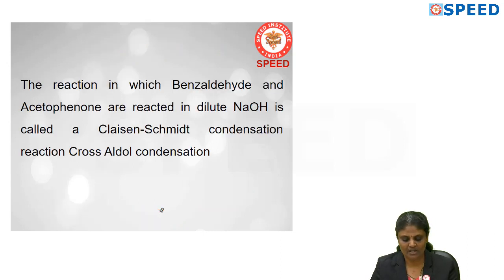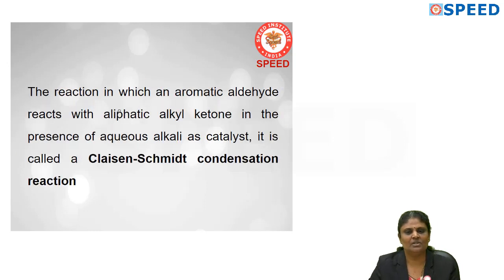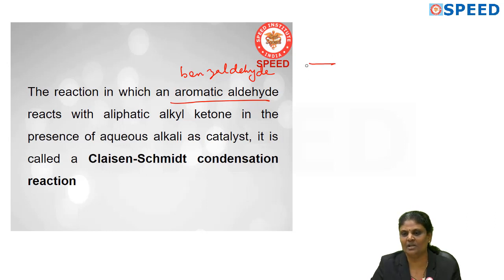So, this cross aldol condensation is called the Claisen-Schmidt reaction, Claisen-Schmidt condensation, that is cross aldol condensation. So this is a reaction in which the aromatic aldehyde, benzaldehyde given in your question paper, that is a benzene ring and CHO, reacts with an aliphatic alkyl ketone in the presence of aqueous alkali.